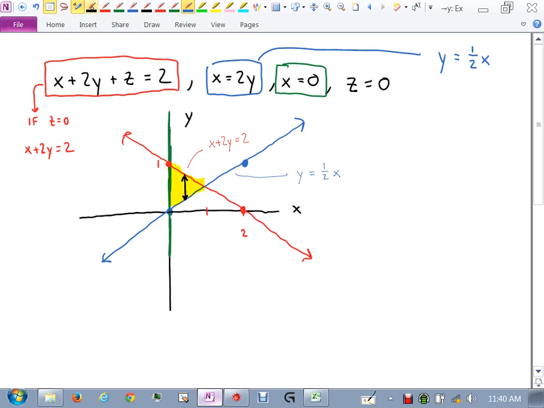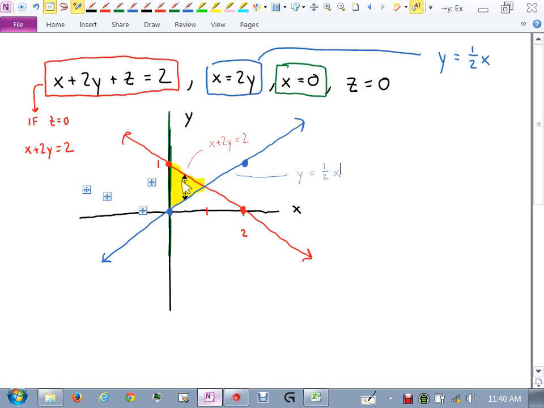Do we know our restrictions on x? Because this is going to be type 1, we are going to want restrictions on x here. What do they look like, because my picture is so good? It looks like 1, right? But you wouldn't know that until you did what? Set the two equal to each other? So we would have to verify that.